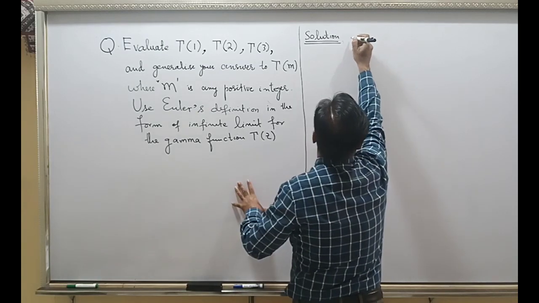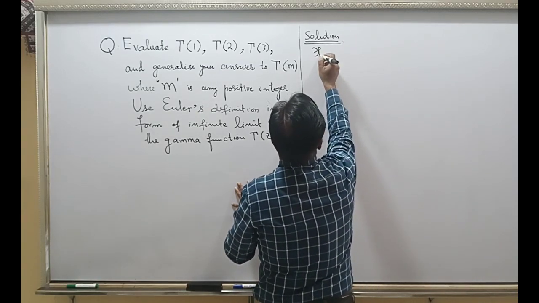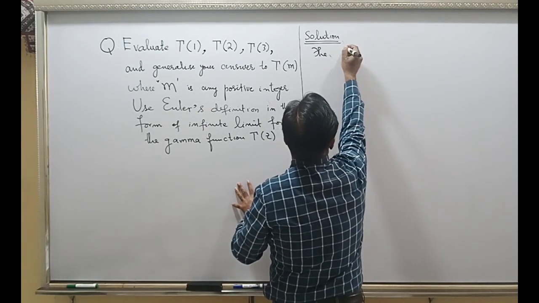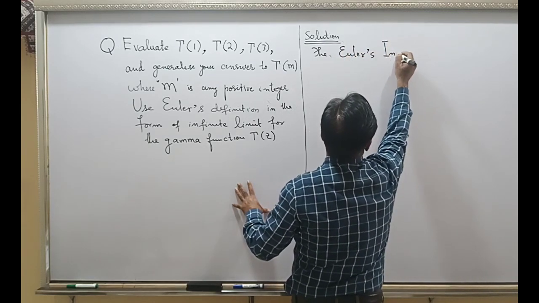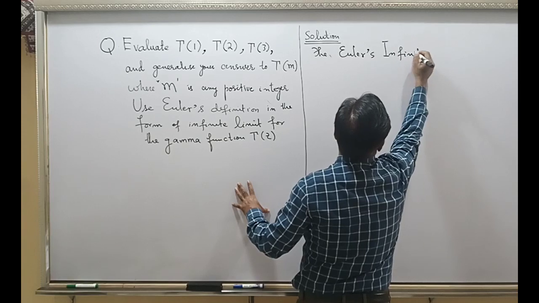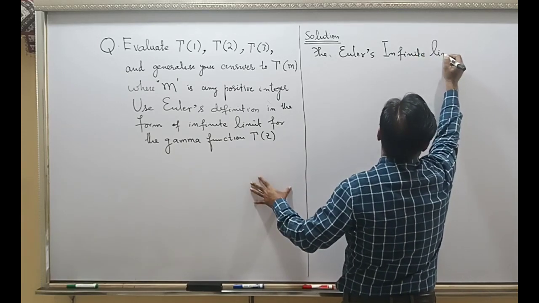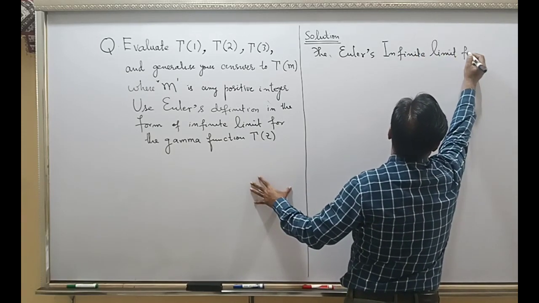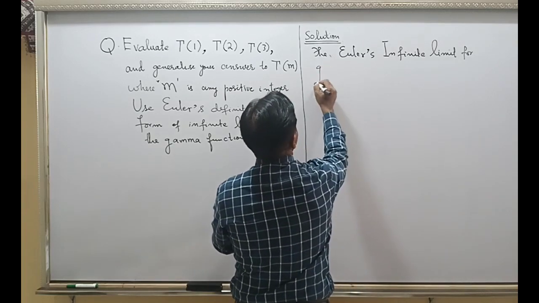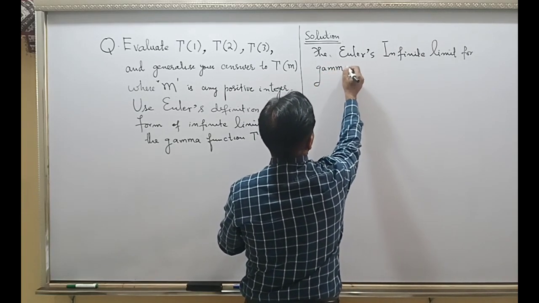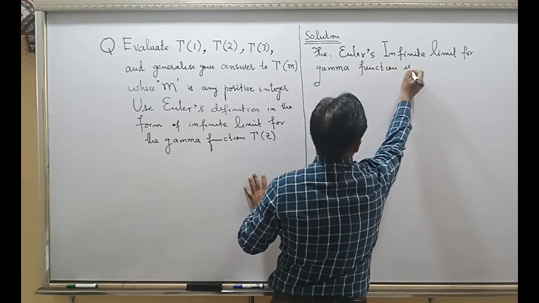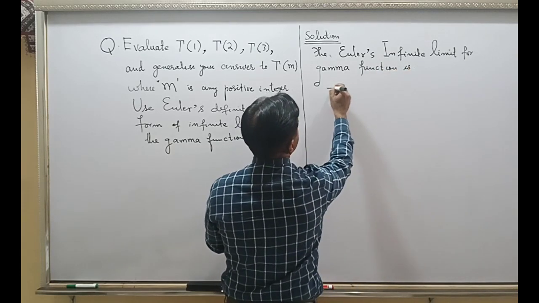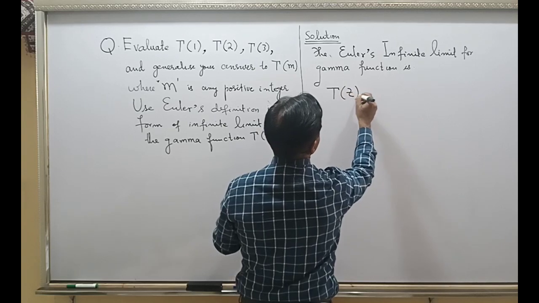The Euler's infinite limit for the gamma function is.